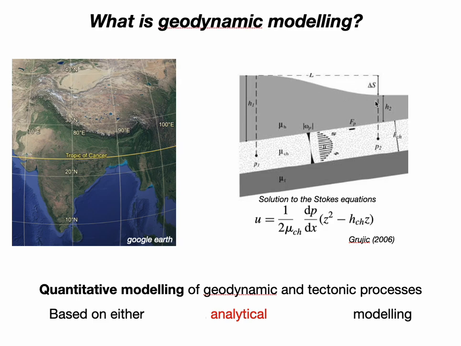So we have a topography here. You have a rigid plate below, and you have a ductile horizon here, and you have a pressure gradient due to the topography, and the flow is activated in the lower crust. So that's one analytical model.